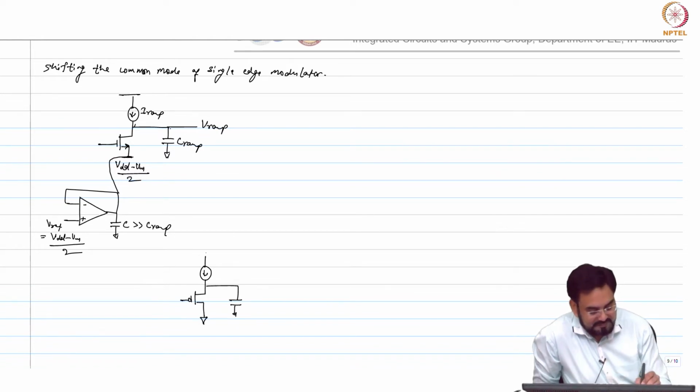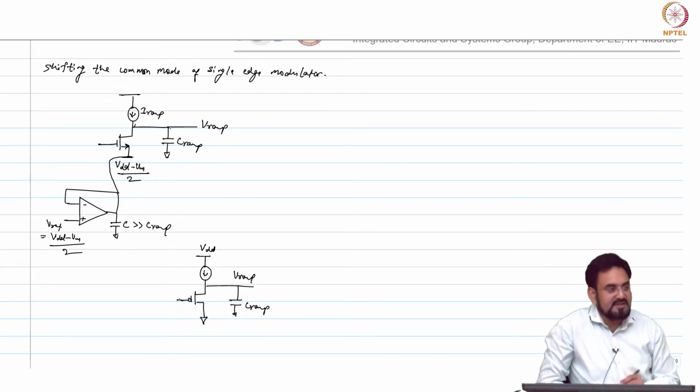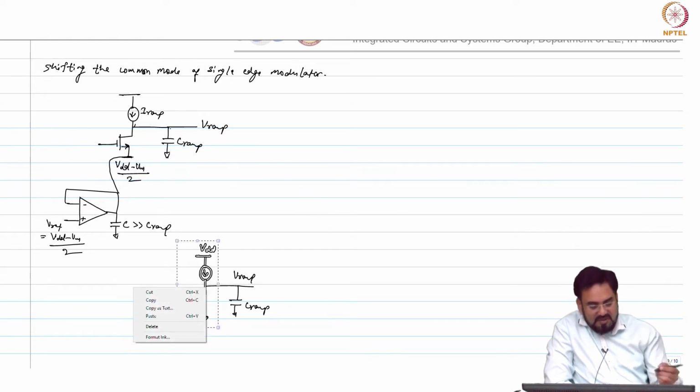This is ground. So, when the PMOS input is 0, this will turn on. What is the maximum voltage it can discharge to? VT.